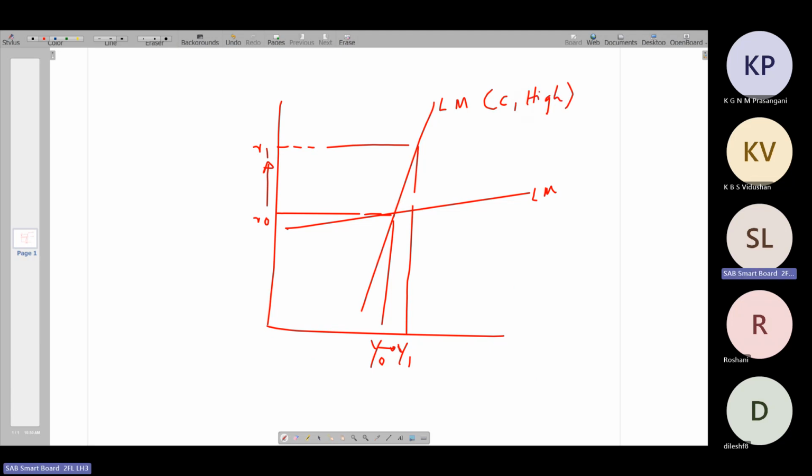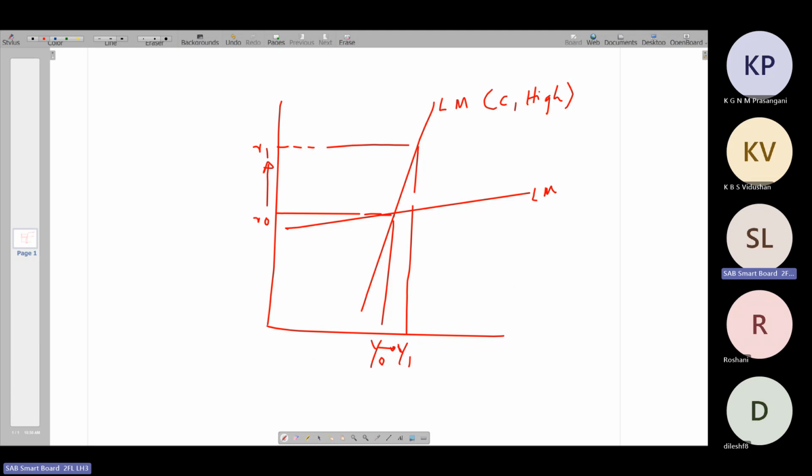That's what we explained based on the equation. A smaller rise in income changes the money demand significantly, and to equilibrate the money market, there should be an upward adjustment in the interest rate at a faster rate. That means we get a steeper LM curve.